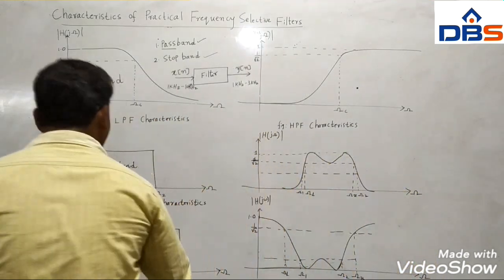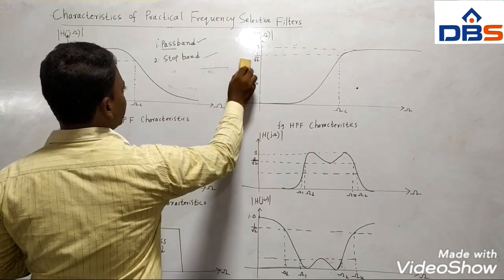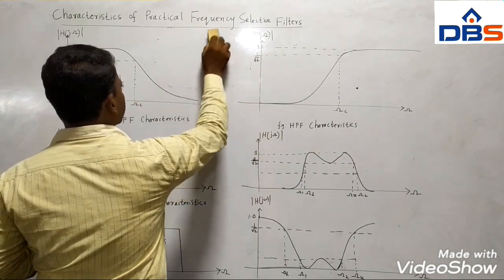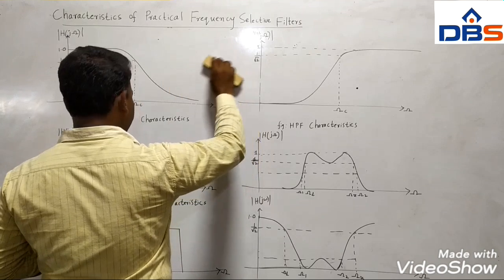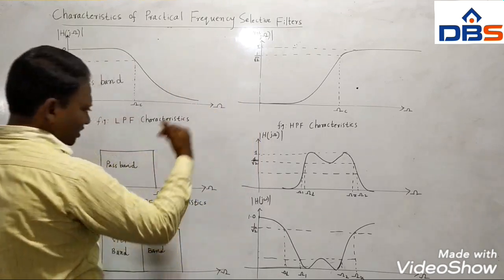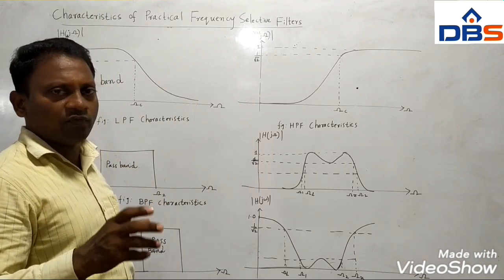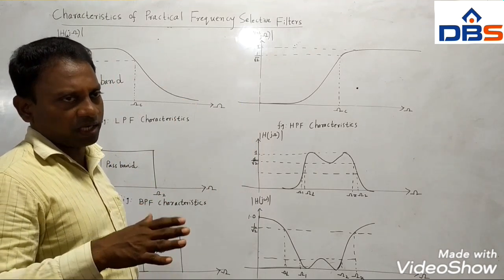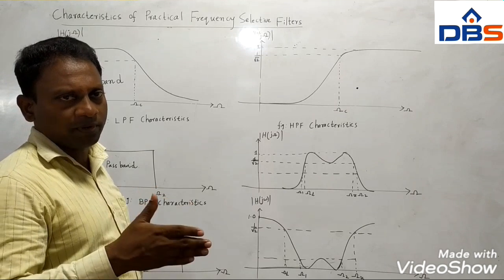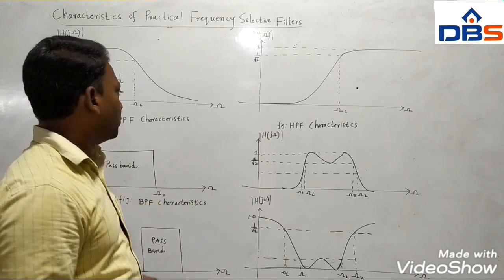I think you are clear about pass band and stop band. Pass band is the range of frequencies allowed into the output of the system, and stop band is the range of frequencies blocked or stopped from going to the output.